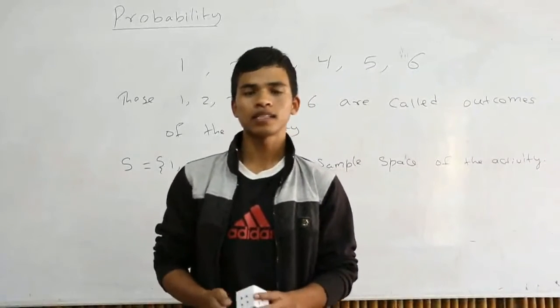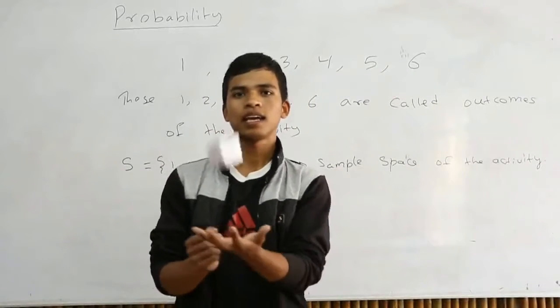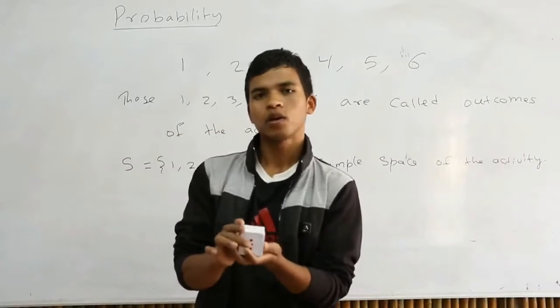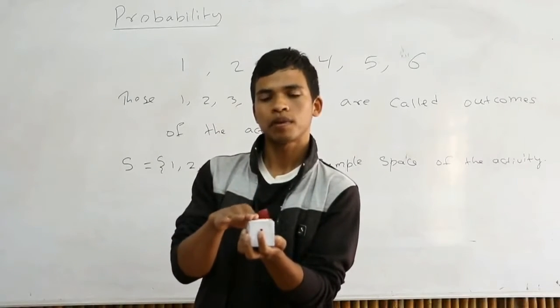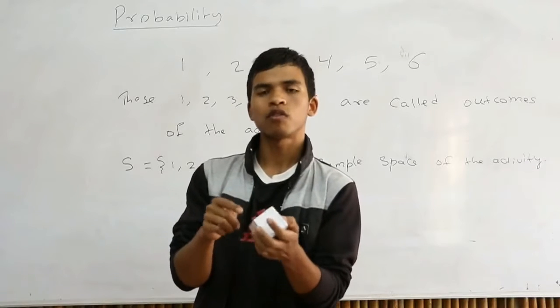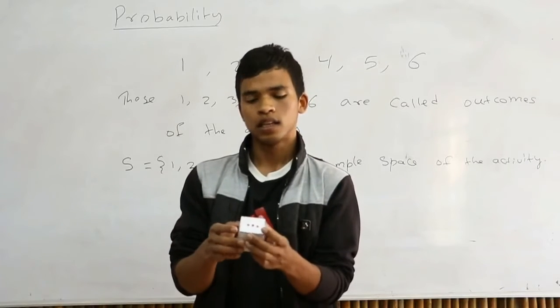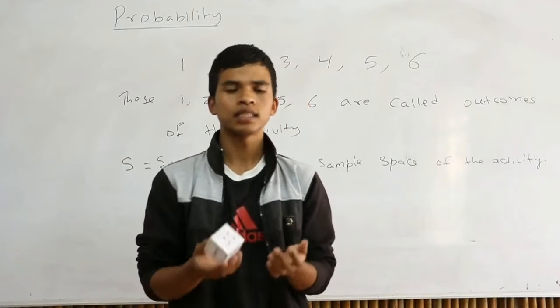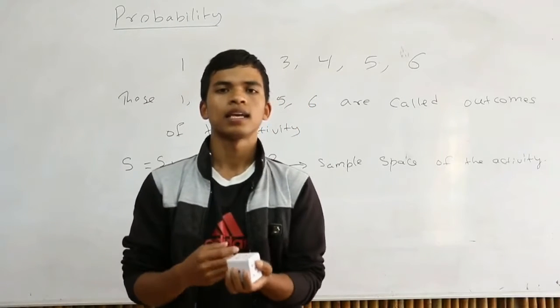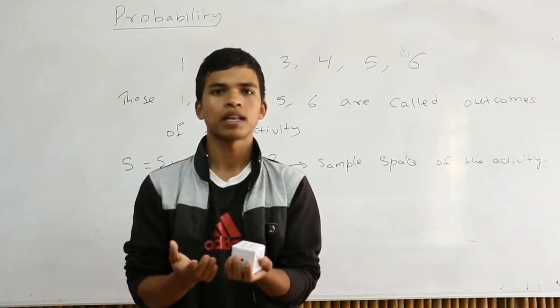Again, if you look at this example of tossing a die, we cannot predict which face of this die will appear on top. Either 1 or 2, 3 or 4 or 5, 6, we cannot say. So it's all random, right? We cannot predict. So this activity of throwing a die is a random experiment.